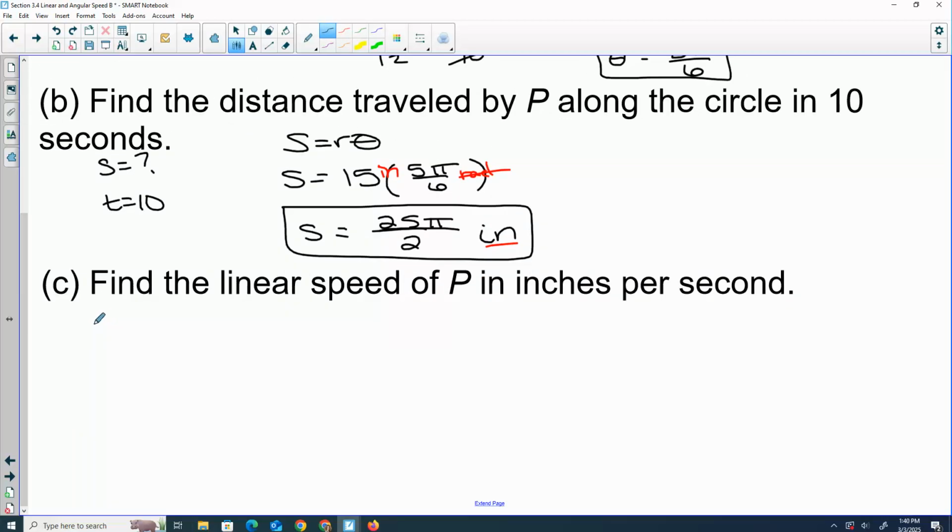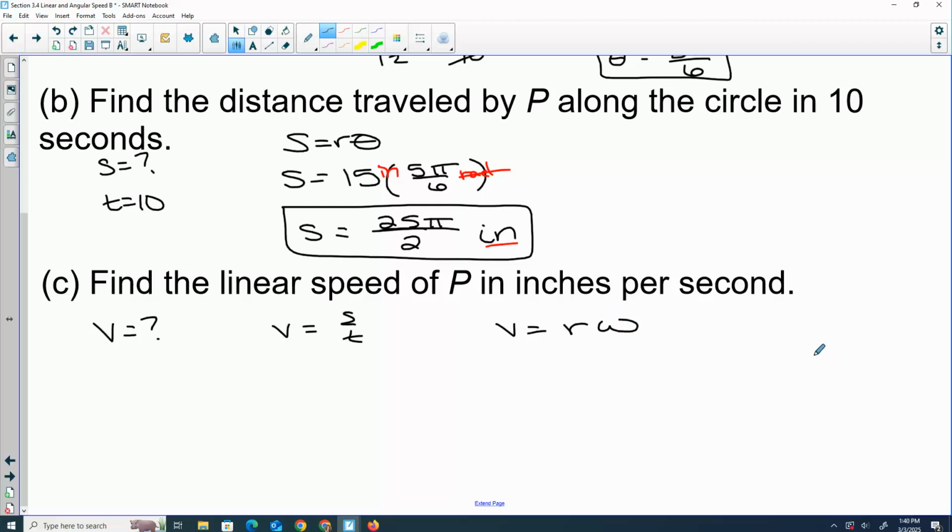Linear speed. So linear speed is V. We can do two options. We have V equals S over T. Do I have S? Yeah. Do I have T? Yep, so we could do that if we use the previous problem. Or we can do V equals R omega. Do we have R?